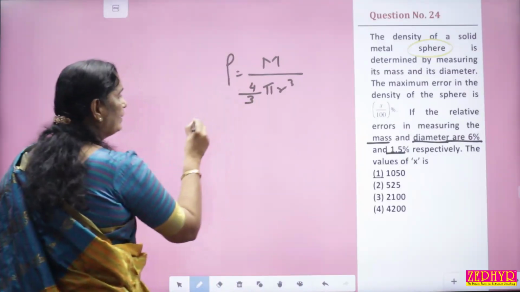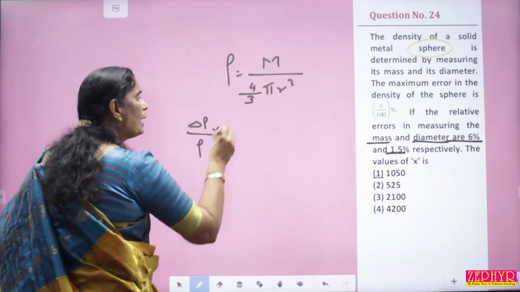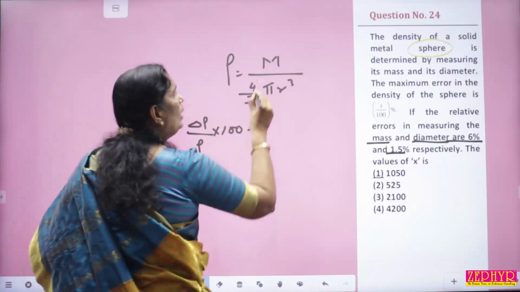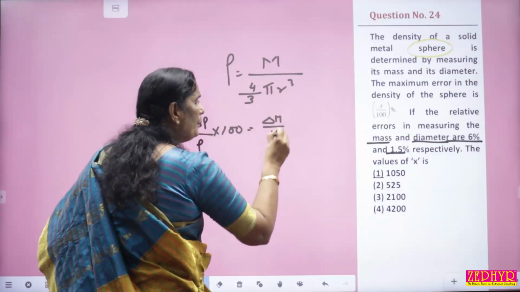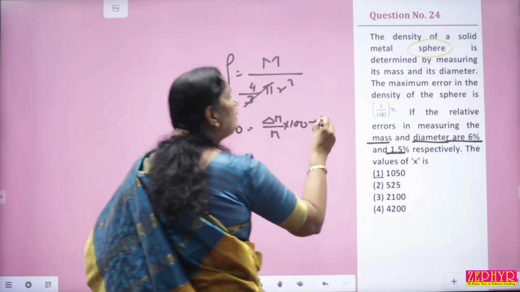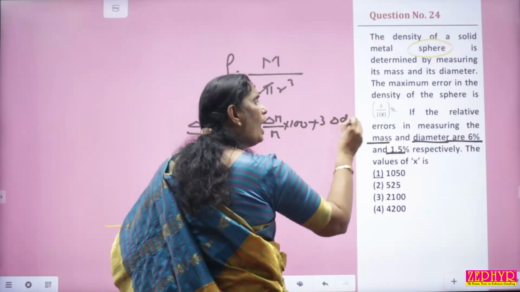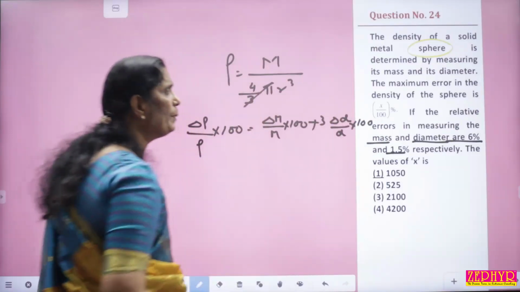So we want delta rho by rho into 100, which is equal to the percentage error in mass, delta m by m into 100, plus 3 into delta r by r, or delta d by d also, we can put d in place of r.